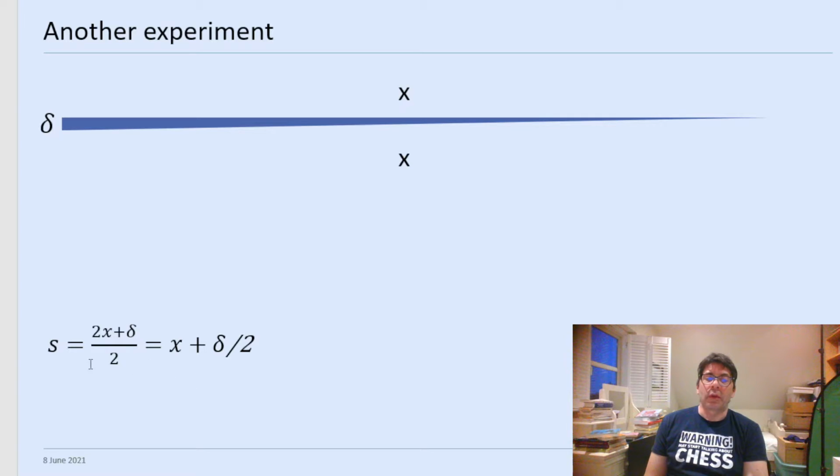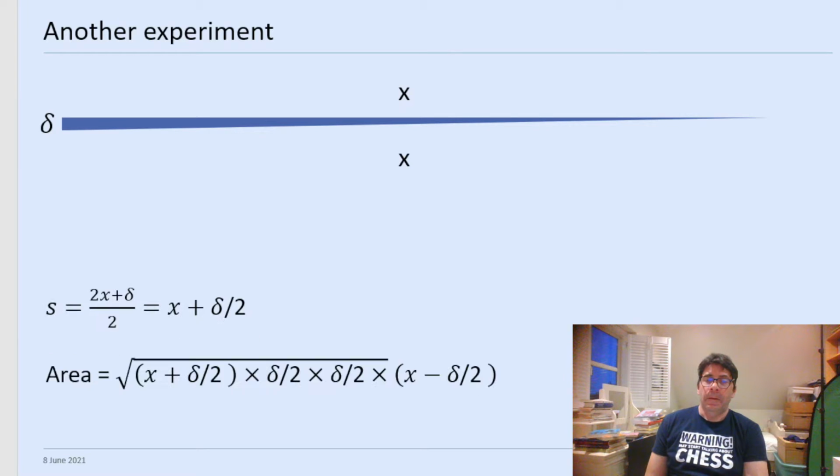Then Hero's formula says s is (2x plus delta) over 2, which is x plus delta over 2. So the area is the square root of (x plus delta over 2) times delta over 2 times (x minus delta over 2) times (x minus delta over 2)... in each case we're taking a side away from the semi-perimeter. Basically what we're arguing is that two of these factors are about x and two are delta over 2.